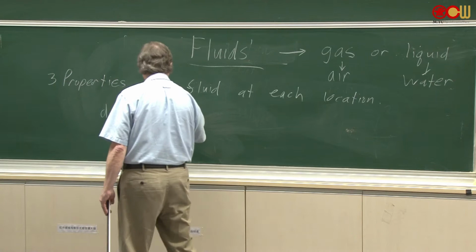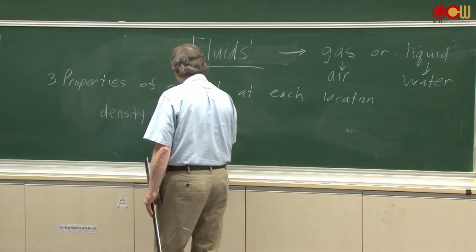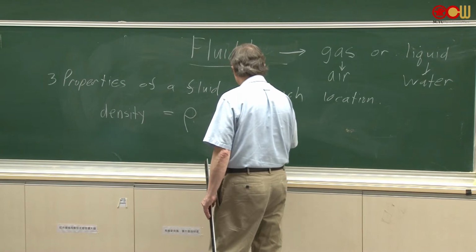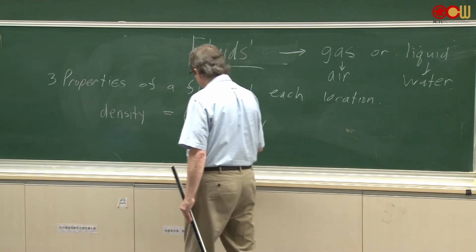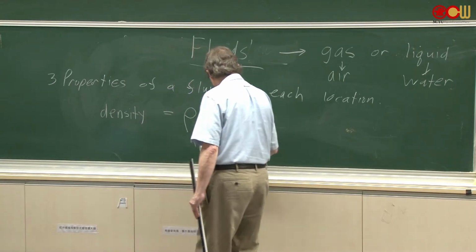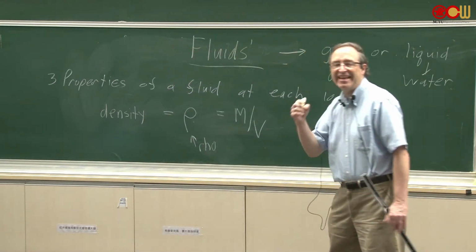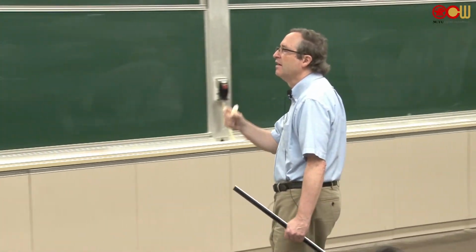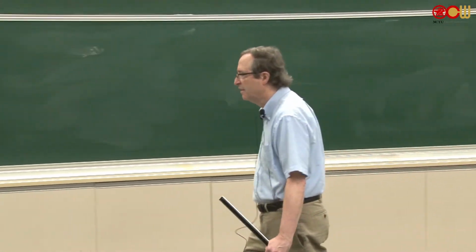All right? In density, we use the symbol rho, and that's the mass per volume. All right? So this is called rho. So you take a piece of your gas or liquid, piece of your fluid with a certain volume. You measure how much mass there is in there. That gives you the density.